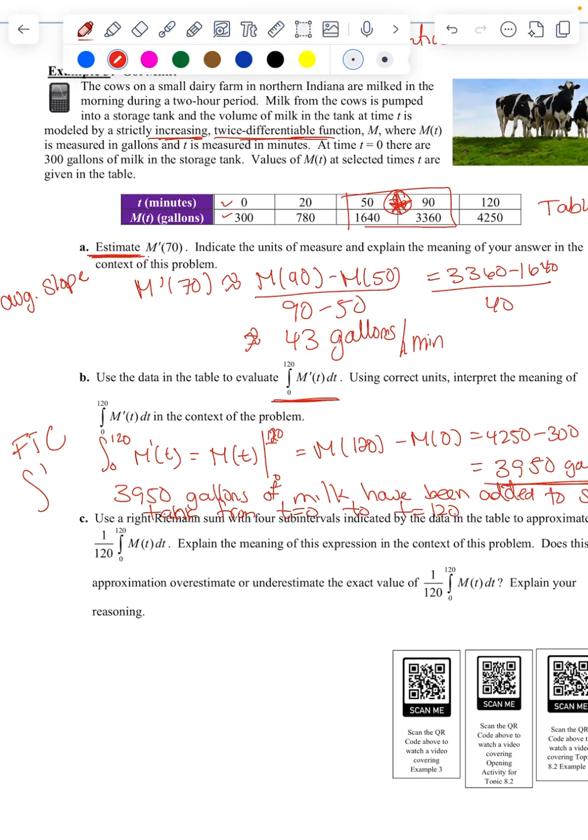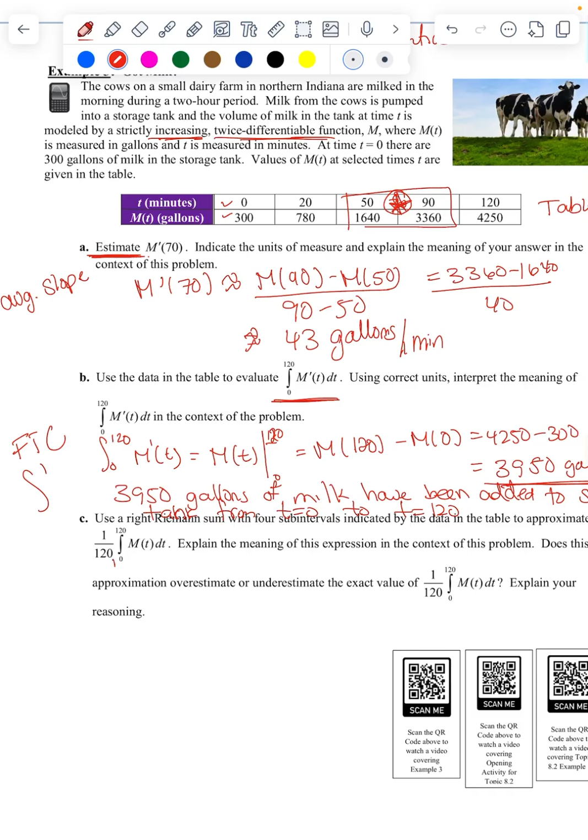All right, last part of these notes. Using the right-Riemann sum with 4 subintervals, indicate by the data in the table to approximate the average value, 1 over 120, of the integral from 0 to 120 of m of t. Now, we cannot use the average value function here because we don't have a function for m of t. We don't know what m of t is.